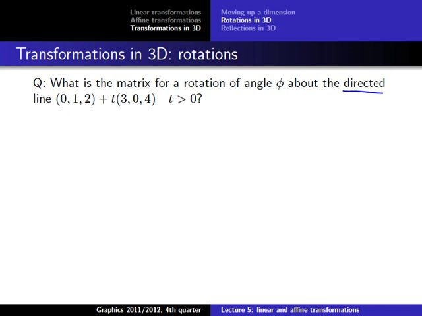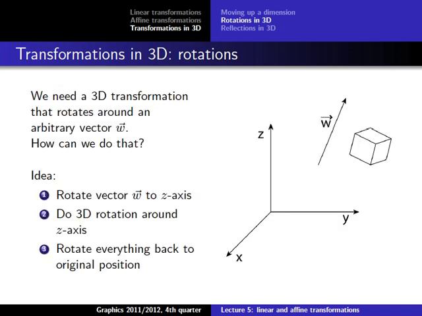And the idea is basically, again, to decompose the more complex operation into smaller, simpler, and easily doable operations. And of course, we already learned how to rotate around the z-axis.